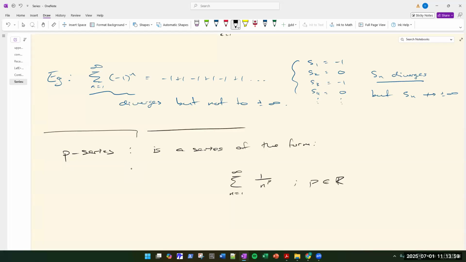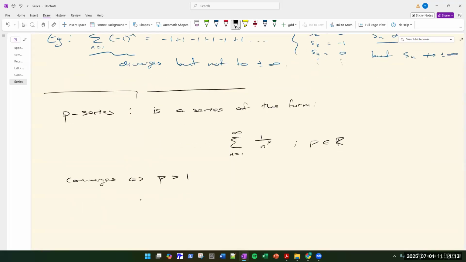And this series converges if and only if the value of p, so you need to put it in this form first, is strictly bigger than 1, then it will converge, and it diverges otherwise. So it diverges if and only if the value of p is less than or equal to 1.